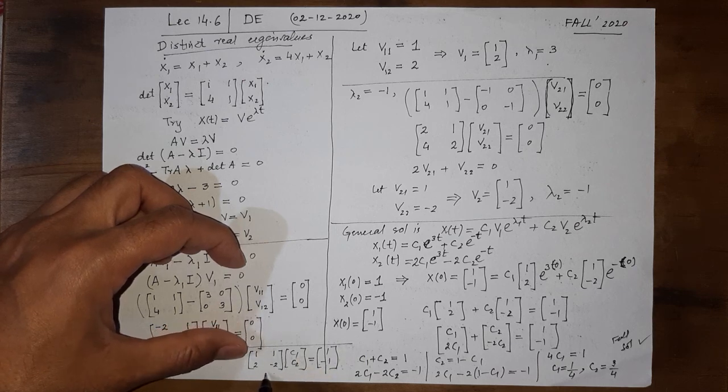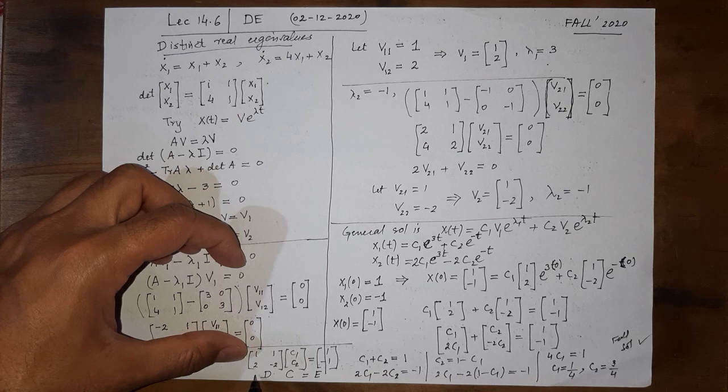So this matrix may be D, this vector may be C, and this vector may be E.